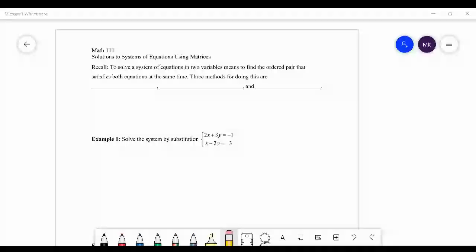Up until now, we've had three methods to solve these. We could do them graphically, by graphing. We could substitute, or use substitution. And lastly, with elimination.